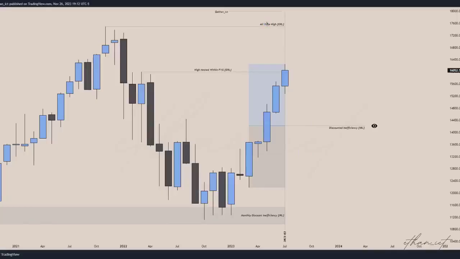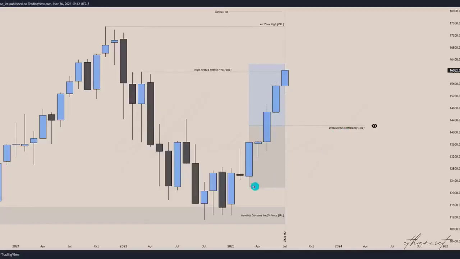As an intraday trader, I am looking at this high right here, nested within this inefficiency, to see some sort of reaction to trade back into this discounted inefficiency, right? So we're going from internal, reaching for that external. But on the daily, I'm looking at this monthly level, which would be a discounted inefficiency, that internal range liquidity.